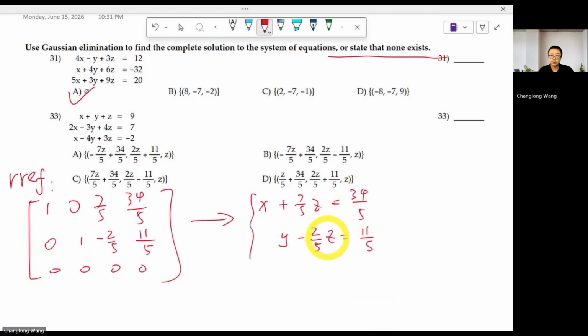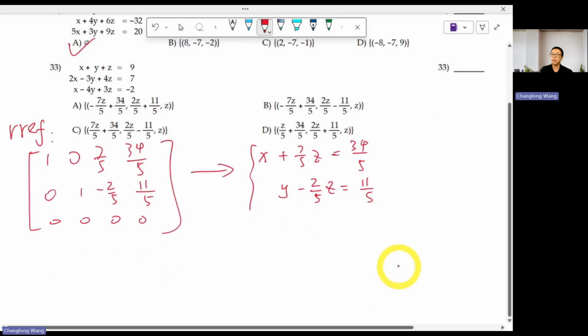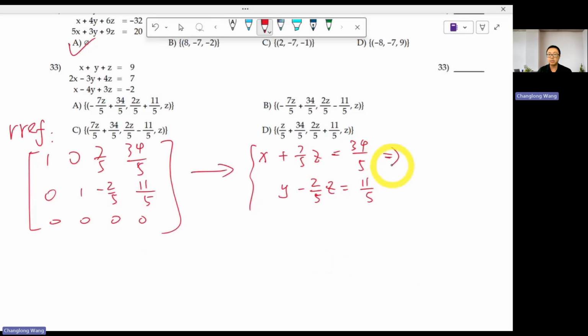And that's all. So what you do is solve for x and y, because there's nothing you have to do about z, just leave it as is. I think you can see right away that x must be -7/5 z plus 34 over 5, and y has to be 2/5 z plus 11 over 5, right?